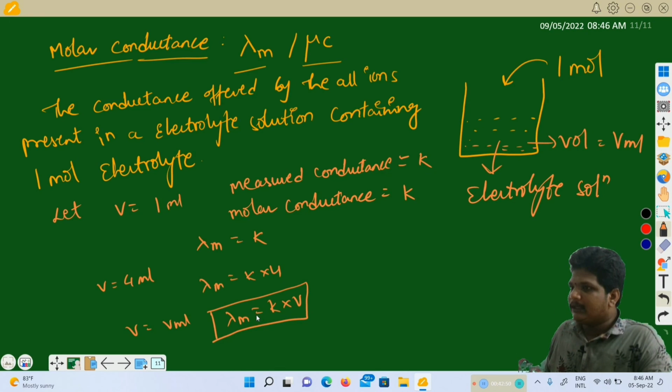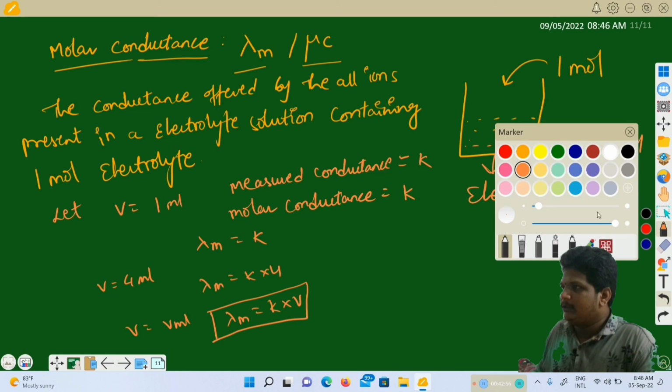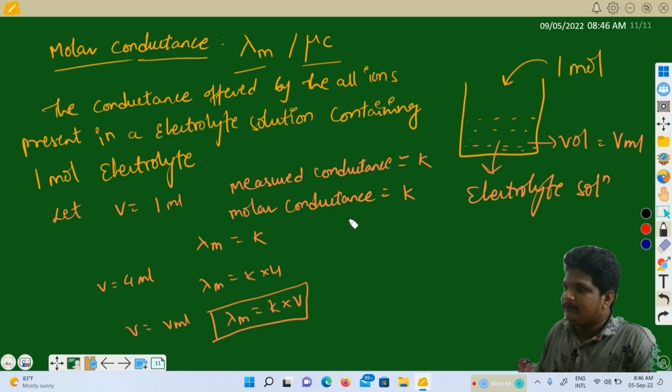Now let us derive the units of molar conductance. As we know, lambda m is equal to specific conductance, which is ohm inverse centimeter inverse, into V, the volume of the solution containing 1 mole electrolyte, which is centimeter cube mole inverse. The cube and inverse cancel out.